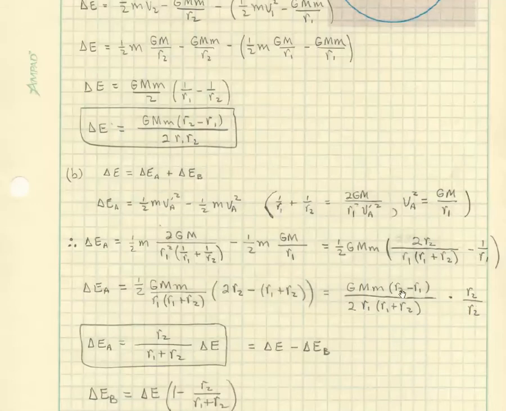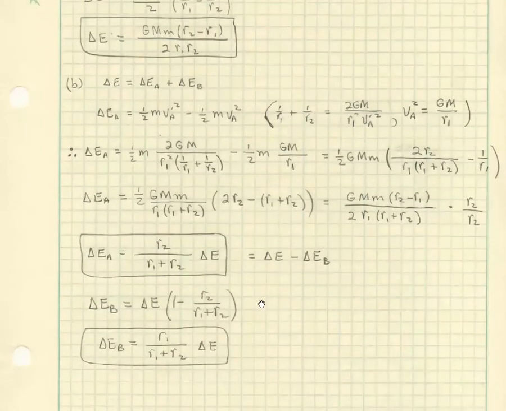And so what we get here then is this term, and then these right here become delta E. And so what I'm left with is r2 over r1 plus r2 times delta E. And also note then that delta E sub A is delta E minus delta E sub B. So if I want to solve for delta E sub B, I can get delta E and subtract from it r2 over r1 plus r2 times delta E, and I end up with that. And then when you simplify this right here, you end up with delta E sub B equal to r1 over r1 plus r2 times delta E.